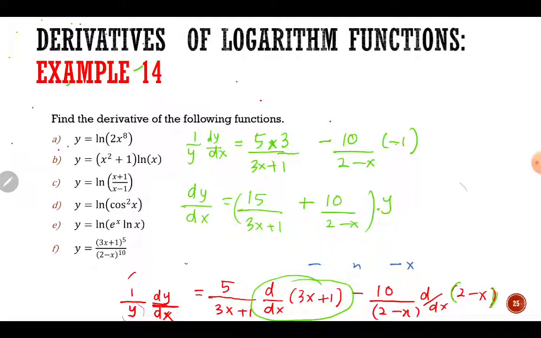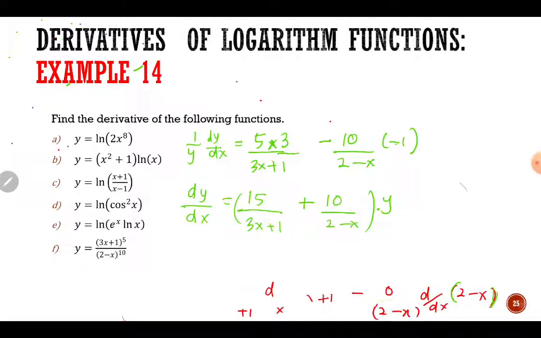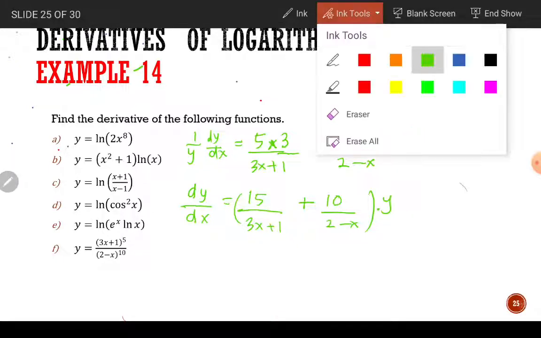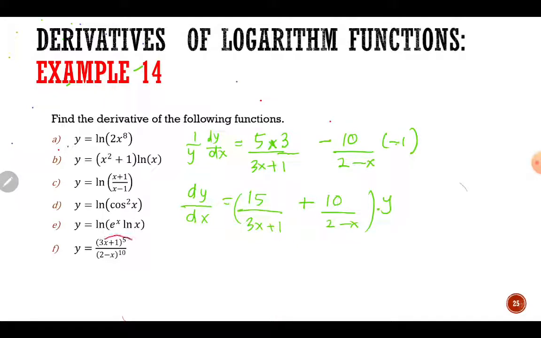Soalan tadilah. Our y is actually equals to apa? Dalam soalan, it is given our y ni, which is 3x plus 1 power of 5 over 2 minus x power of 10.